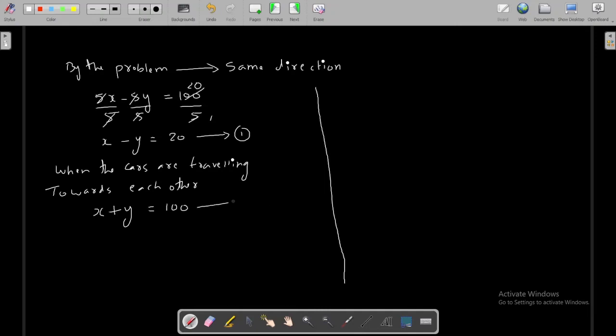So this is our second equation. Now we have to solve this equation.